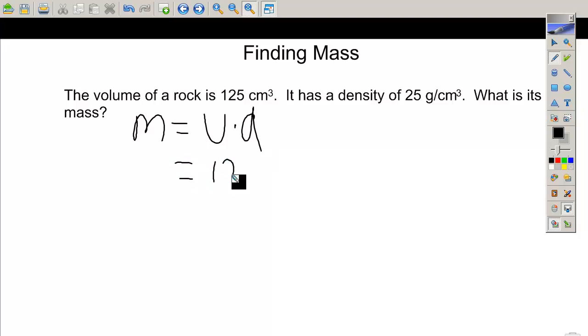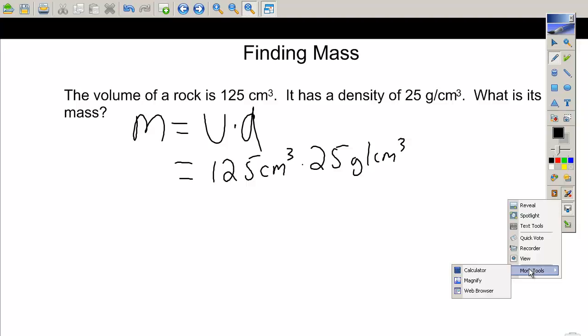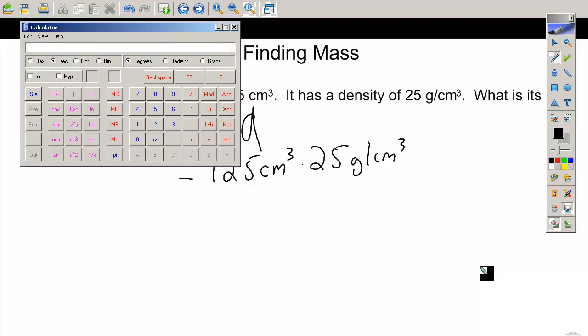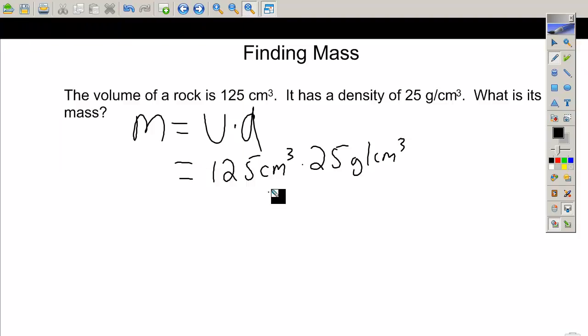Volume equals 125 cubic centimeters times the density, which is 25 grams per cubic centimeter. So we get 125 times 25 equals 3,125 grams. Okay.